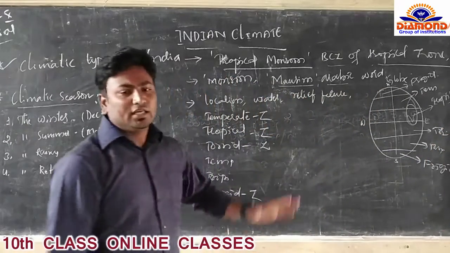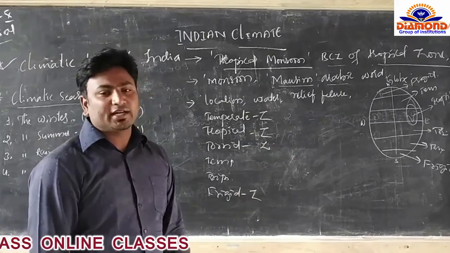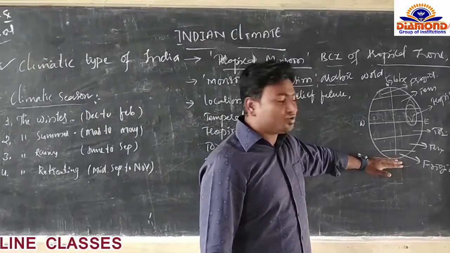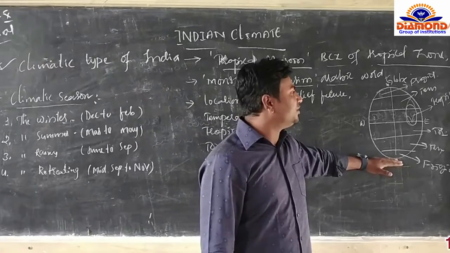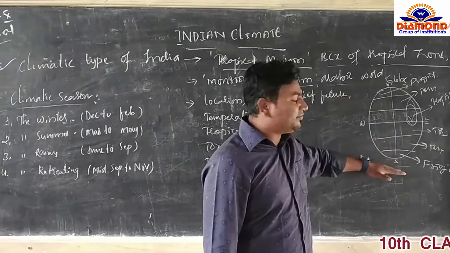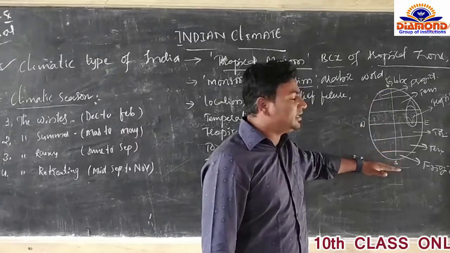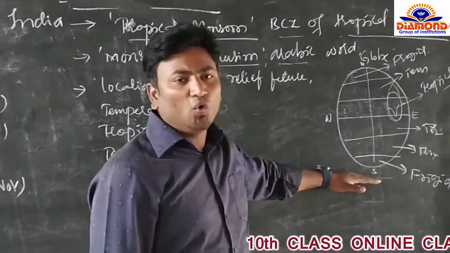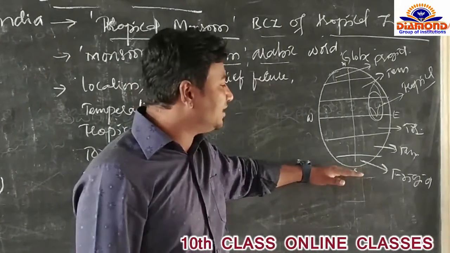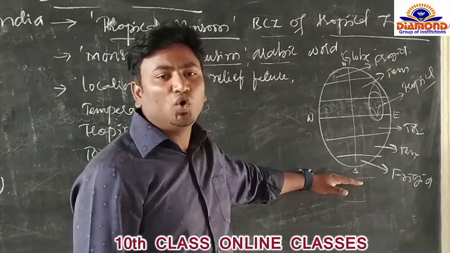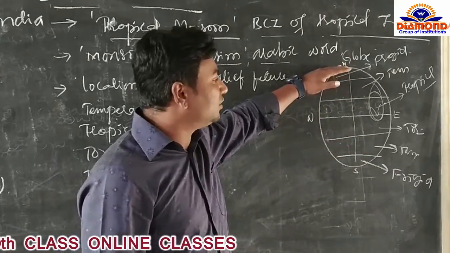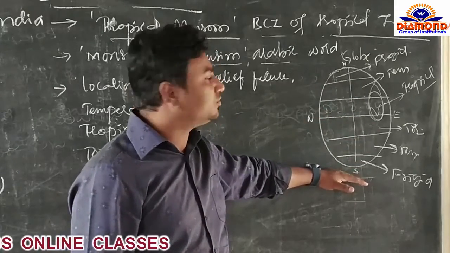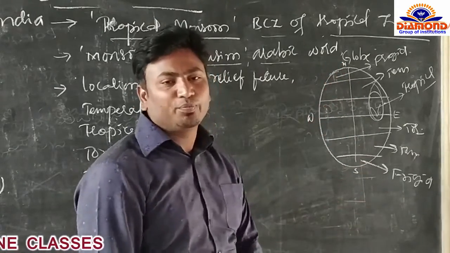These are the zones. The top and bottom zones are very frigid zones. Both areas have very low temperatures and are considered the coldest parts of the earth, near the north pole and south pole.